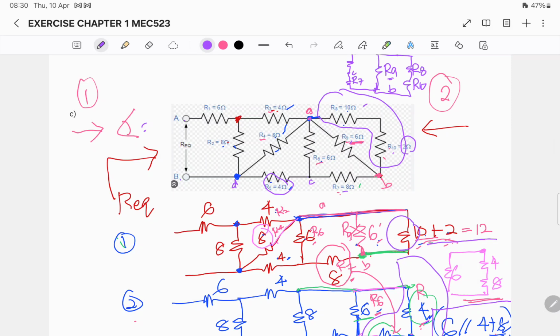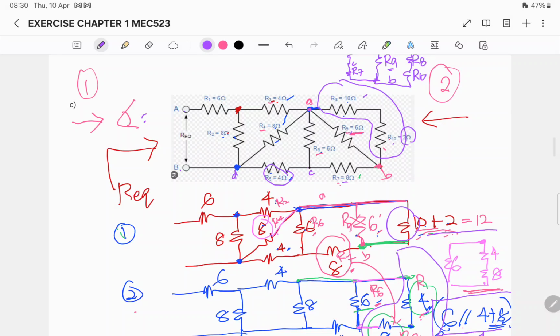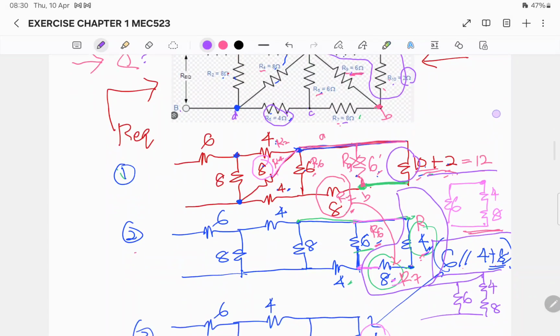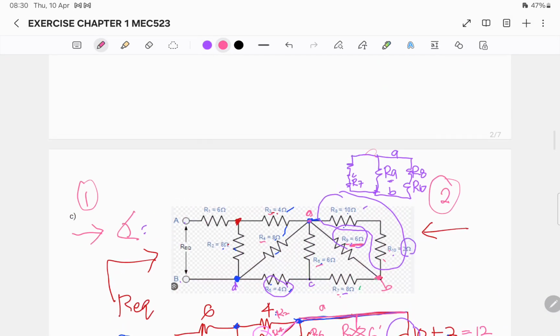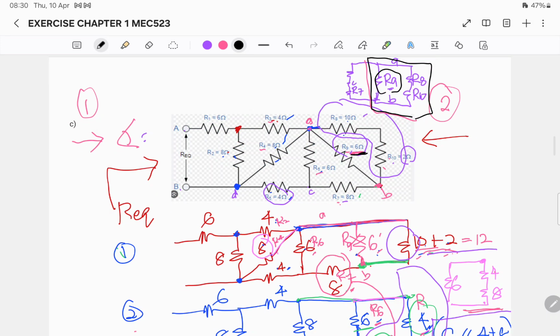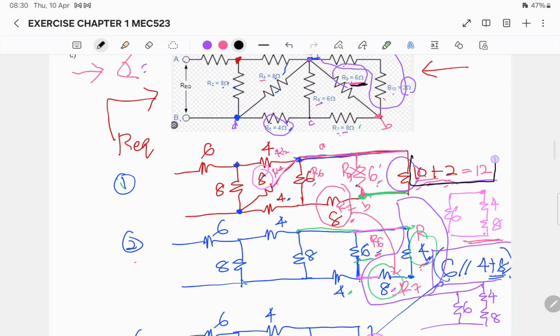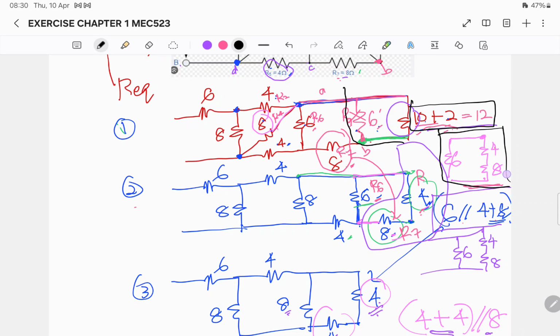So this is the one at the back, R8 and R10. And then parallel with this one, because it becomes like this. It is in series first at the back, then parallel with R9, the 6 here, the pink one. So when you do series and parallel, you will get 6.